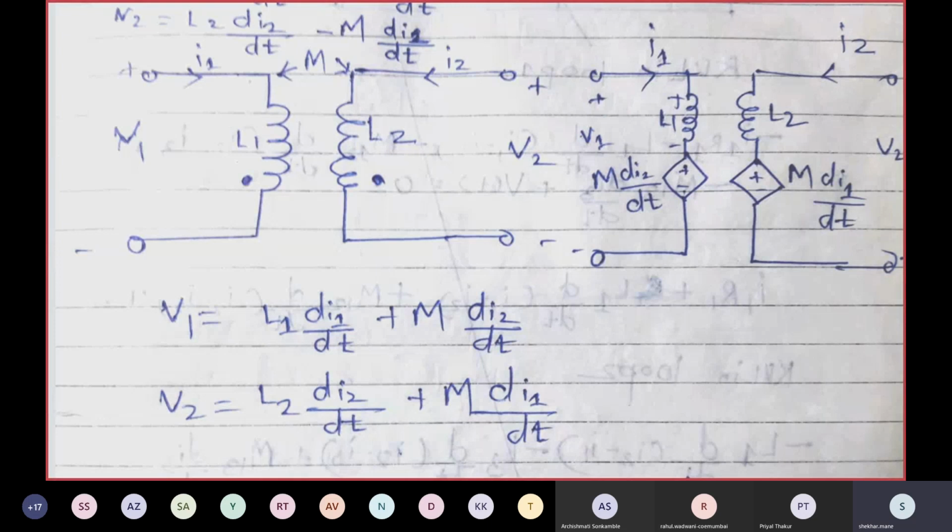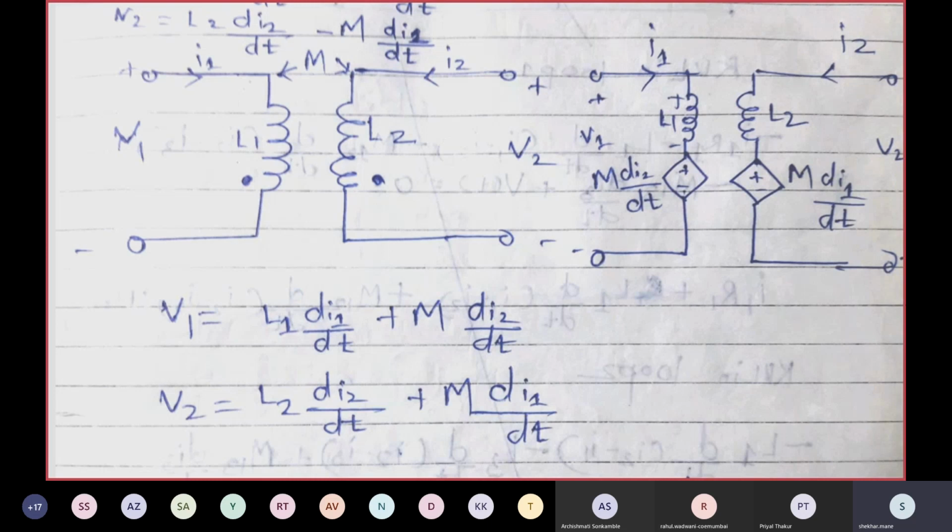So if you apply KVL here, then you will get V1 is equal to L1 di1 by dt plus M di2 by dt. And similarly, V2 is equal to L2 di2 by dt plus M di1 by dt. So have you understood this part?